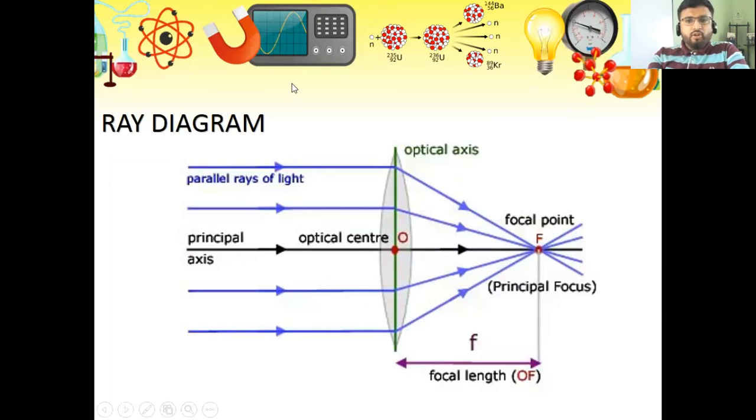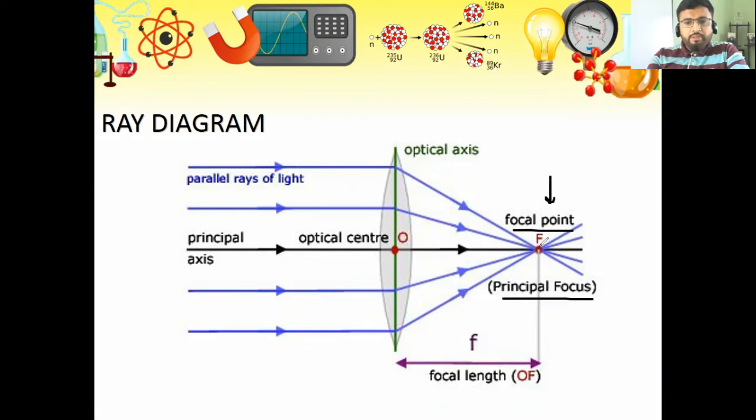The center of the convex lens is known as the optical center, and an imaginary line or x-axis which you can draw from the center of the lens is known as the principal axis. These definitions are important to understand the ray diagrams related to lenses. The point at which all the light rays combine together is known as the principal focus or focal point.